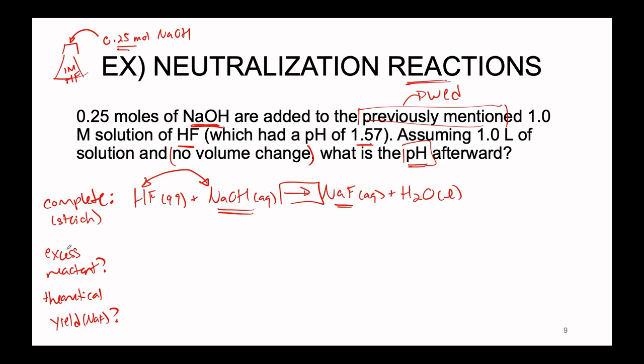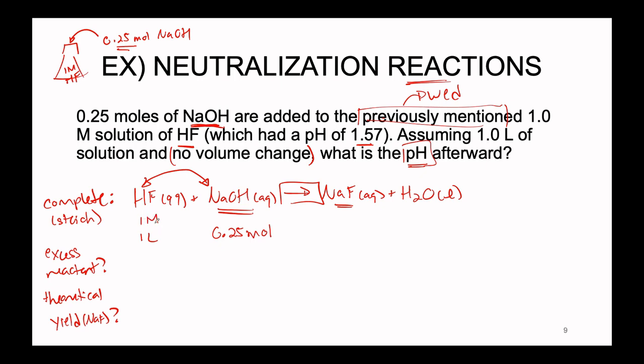So let's figure out what our excess reactant is first, or if this is actually a complete stoichiometric reaction. So we know that we are adding 0.25 moles. I'm just going to gather some information underneath each of the compounds so we can organize a little bit. We have 0.25 moles of sodium hydroxide, and this is going to be mixed with a 1 molar solution of HF, and we have 1 liter of this.